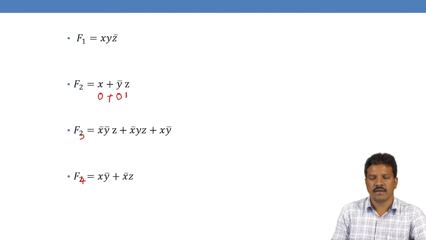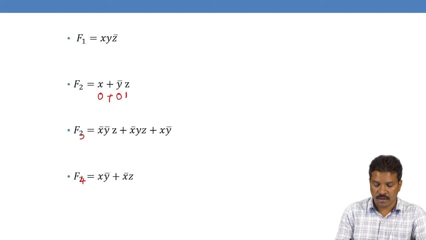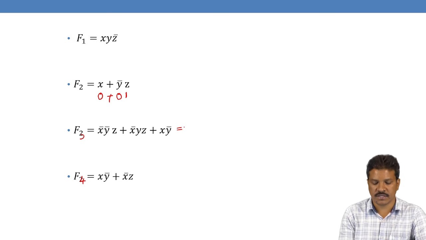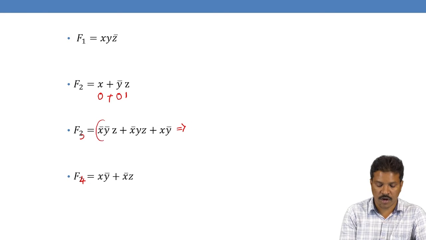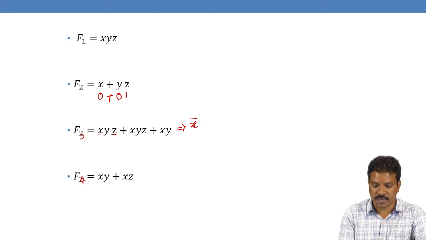And the Boolean expression for this column f3 can also be minimized, so we can represent it with other Boolean functions. As we studied some Boolean theorems and axioms, by applying these theorems here, we can factor out x bar z from the first two terms.